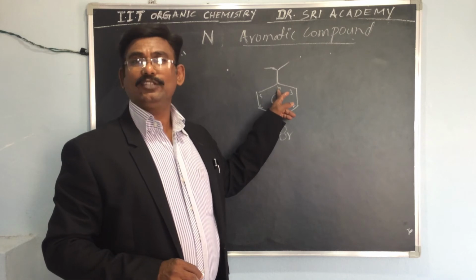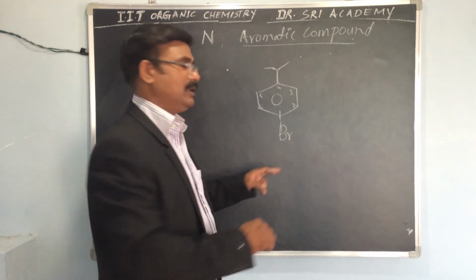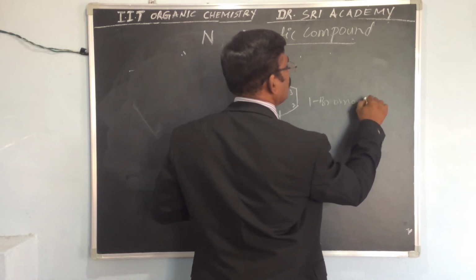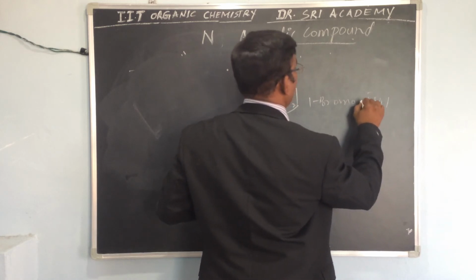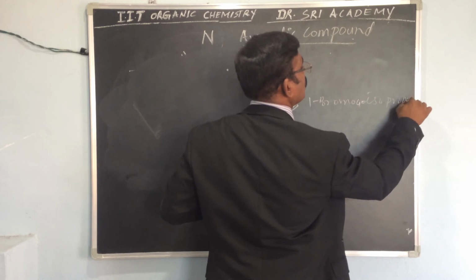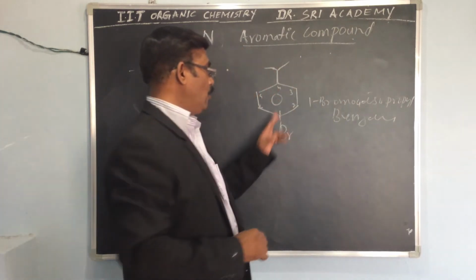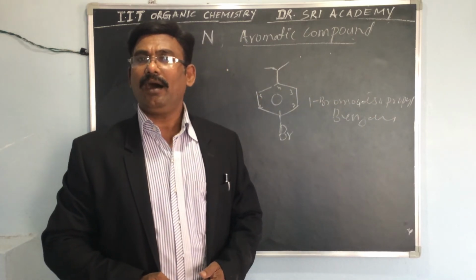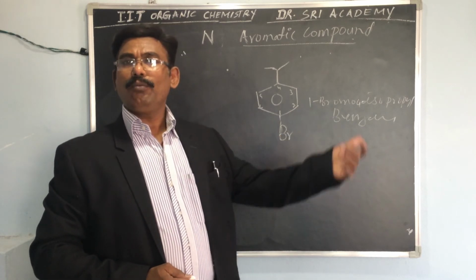Isopropyl. So 1-bromo-4-isopropylbenzene, or para position, para-isopropyl bromobenzene.